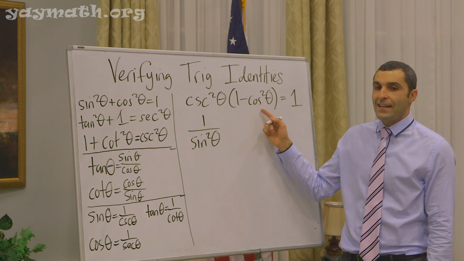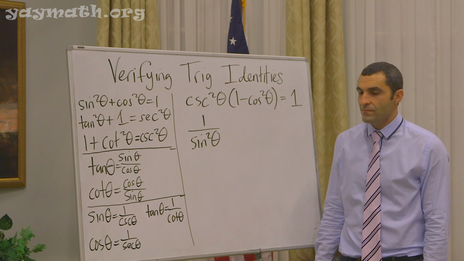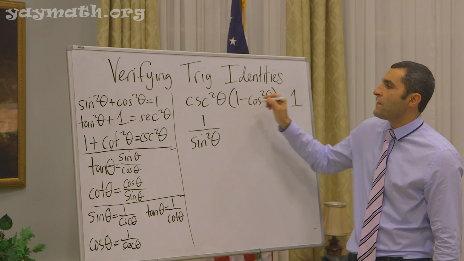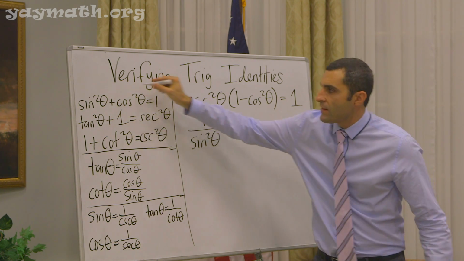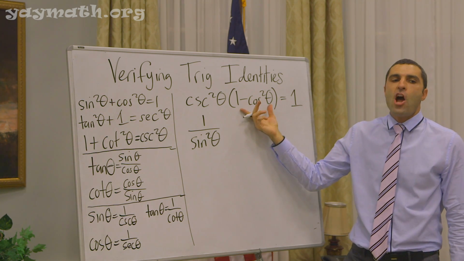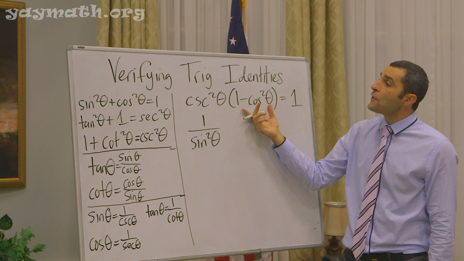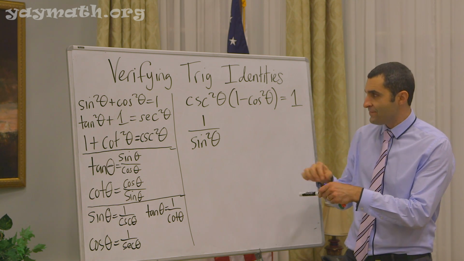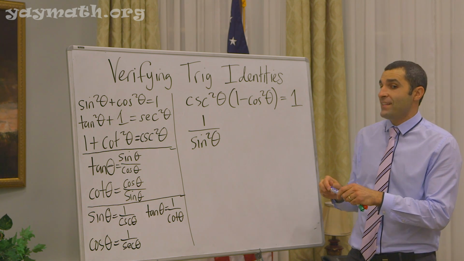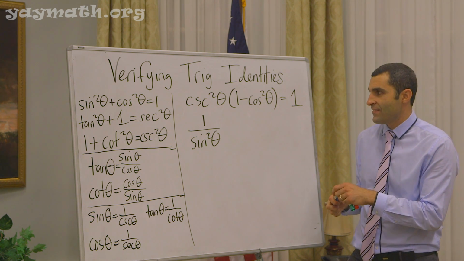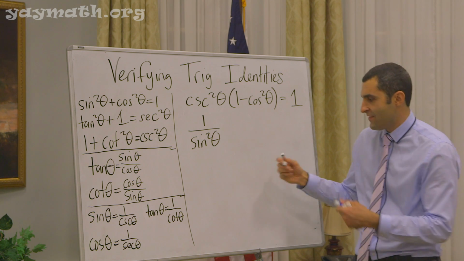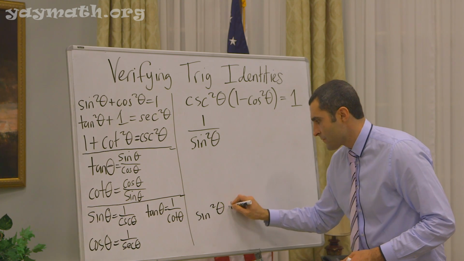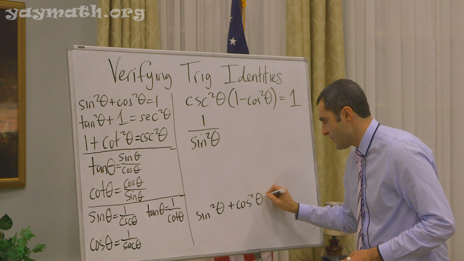You can just use an identity. Which of these 3 does this one look like it's talking about? The first one. Sine squared plus cosine squared equals 1.